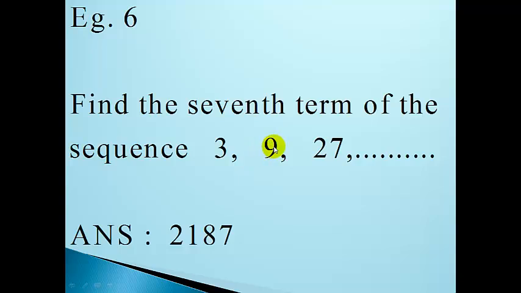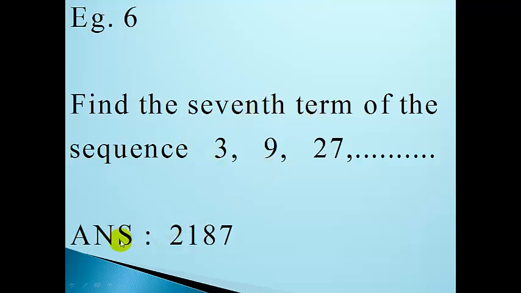The second term divided by the first term, and when we divide 9 by 3, the answer is 3. Or the third term divided by the second term, when we divide 27 by 9, the answer is also 3. So it has the same common ratio. That means that this sequence is an exponential sequence. So you are supposed to use the nth term of an exponential sequence to find the seventh term.